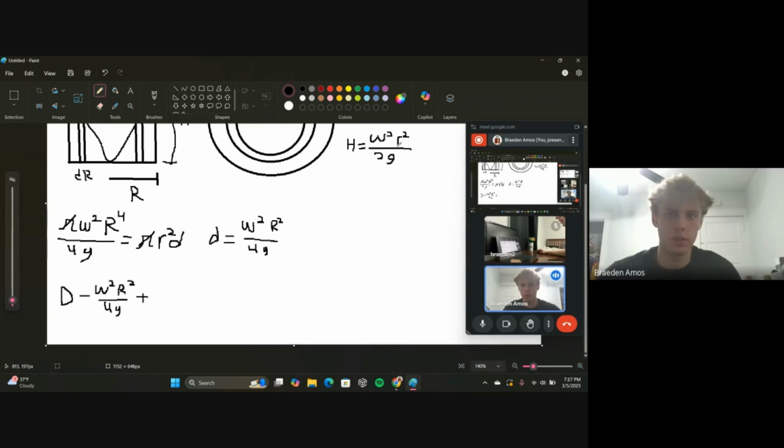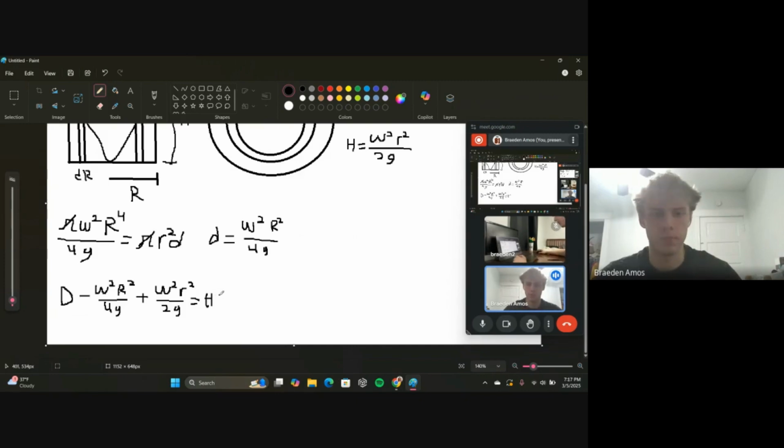Now we're going to add this height, omega squared r squared over 2g, and all that is equal to h.